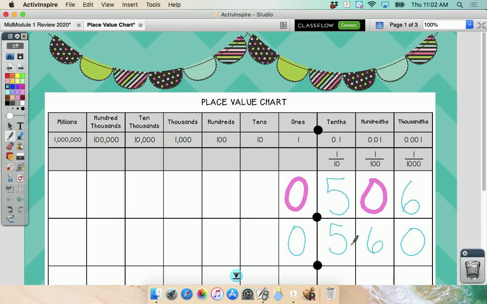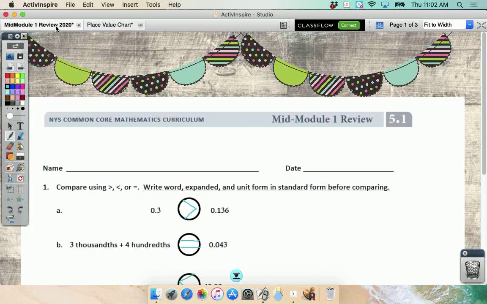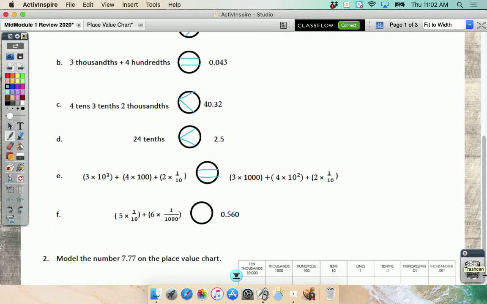Without the zero, what would it be? 56 hundredths. Okay? So the same. Are they the same? Not the same. So 560 thousandths is more than 5 times 1/10 and 6 times 1,000.